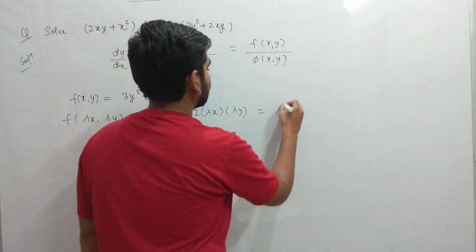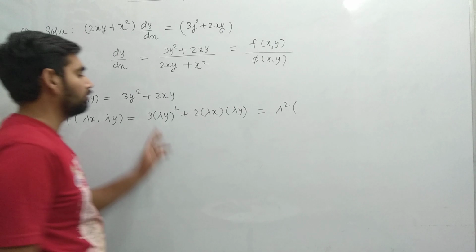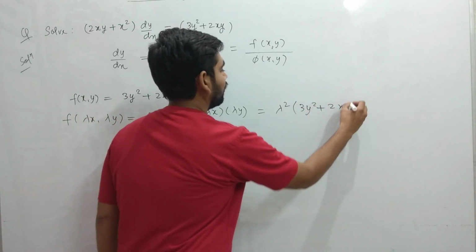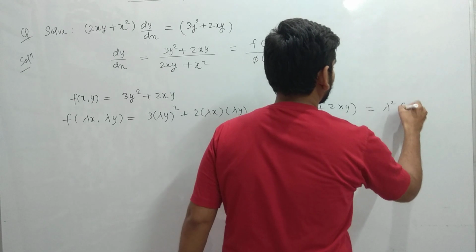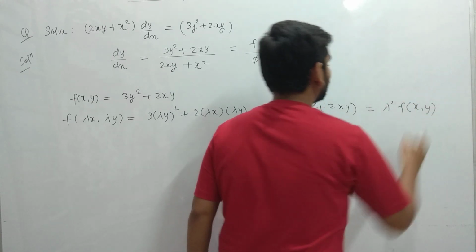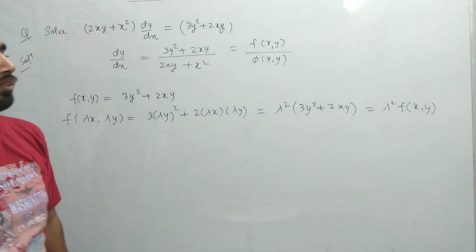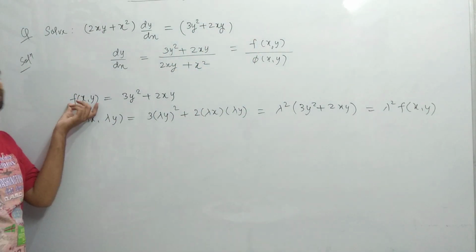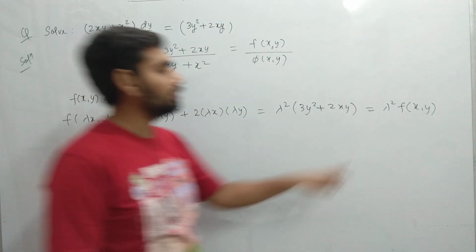Then we can separate out λ², and we get λ²(3y² + 2xy), which is f(x,y) itself. So we are able to separate the powers of λ from the function. Therefore f(x,y) is a homogeneous function and has degree 2.